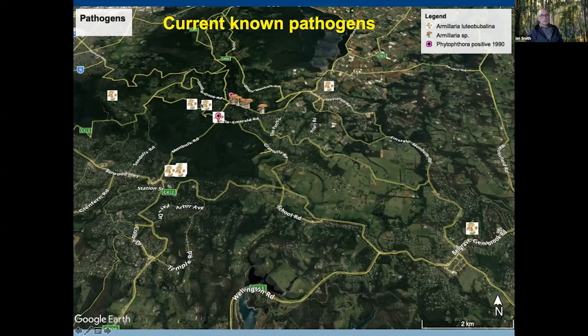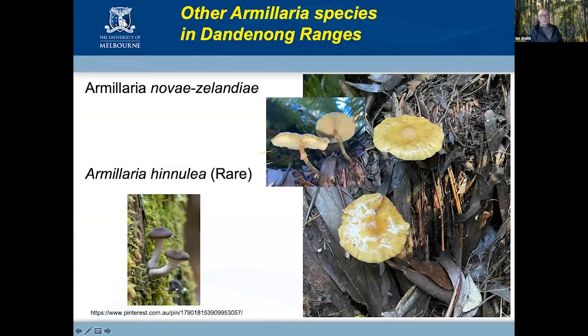There's ones here at Ferny Creek, in the native forest up near the kiosk at Callista, and these armillarias through here are not luteobubalina. There's one here at Monbulk. I believe that's in Bill's own house. And then this armillaria here is a different armillaria. This is two actual Phytophthora locations. So the one that we've had in the Sassafras Creek is this one here, Armillaria novae-zelandiae.